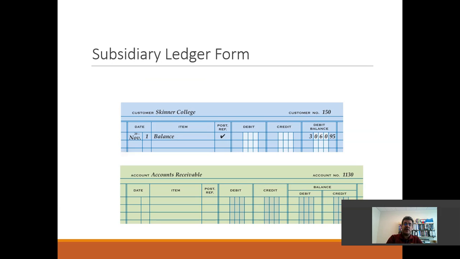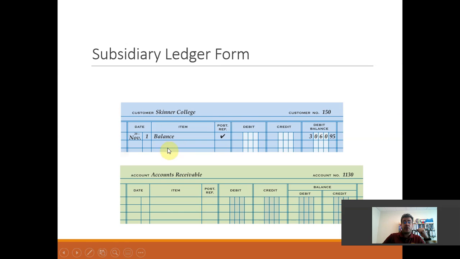So what do we have? The customer. We create a ledger for each customer where we add our beginning balance if we have it, debits, credits, and then the debit balance because it is an accounts receivable account. So it doesn't make sense to have a credit balance.